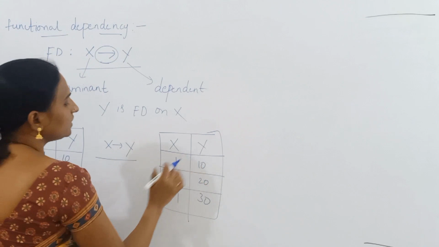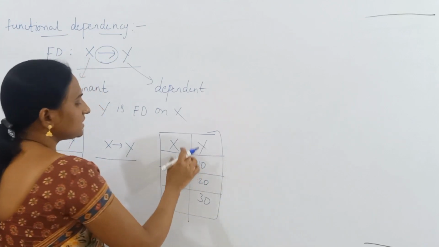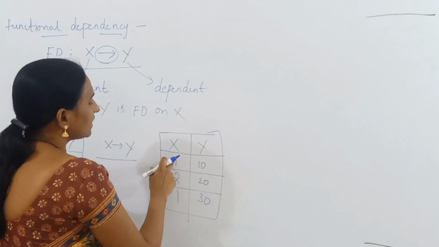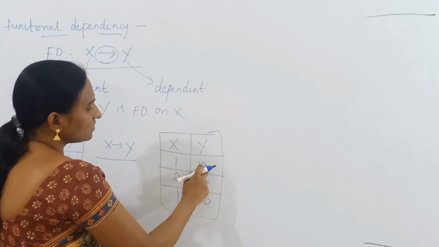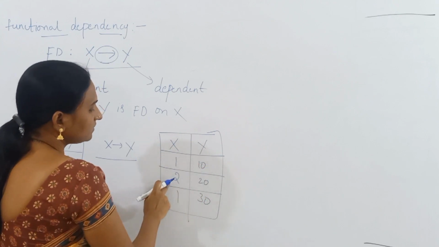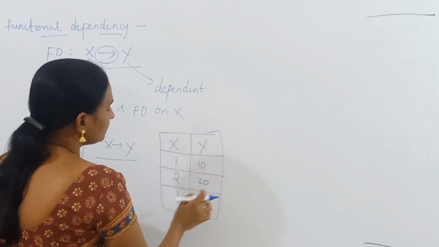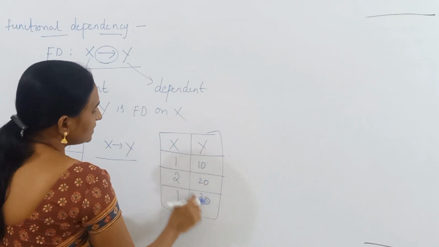Each row in the table is called a record. Let us see the values of X and values of Y. What is the first value of X? 1. What is the value of Y? 10. Here value of X is 2, value of Y is 20. Here value of X is 1, value of Y is 30.